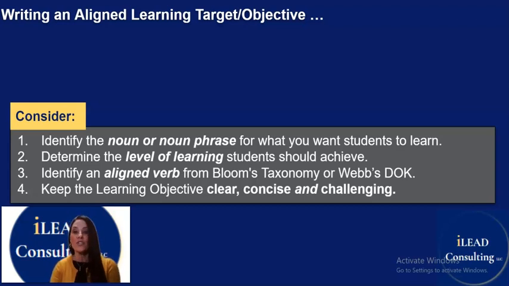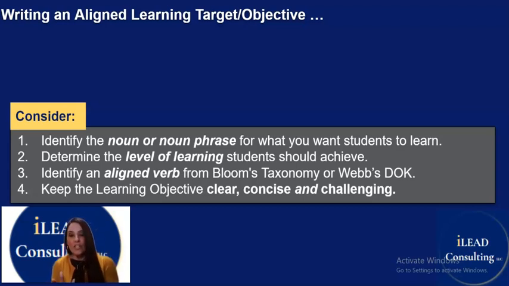There is no reason to reinvent the wheel and to pull words out of thin air. We have great bodies of research and work at our fingertips. Use them and keep the learning objective clear, concise, and challenging. Challenging, why? Because you're there to support your students towards mastery.